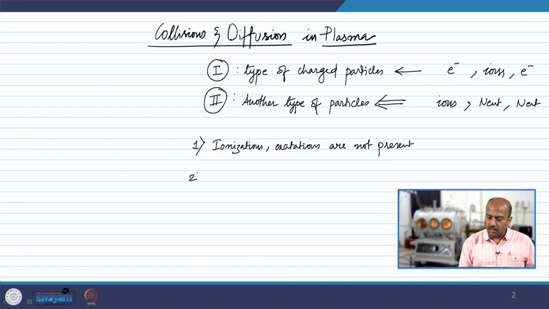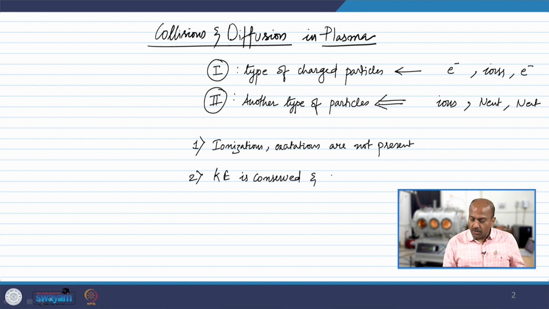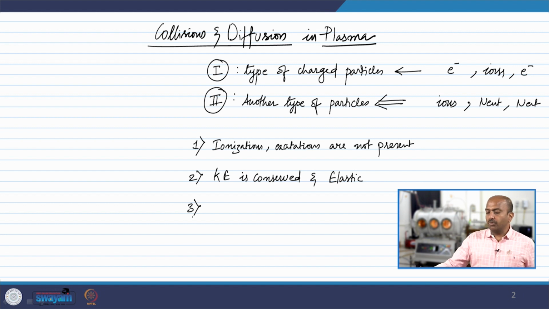And we assume that the kinetic energy of the type 1 particles is conserved, and we will also assume that the collisions they will have with type 2 are going to be elastic in nature. And the third assumption is type 1 charged particles are made up of several particles of equal mass.